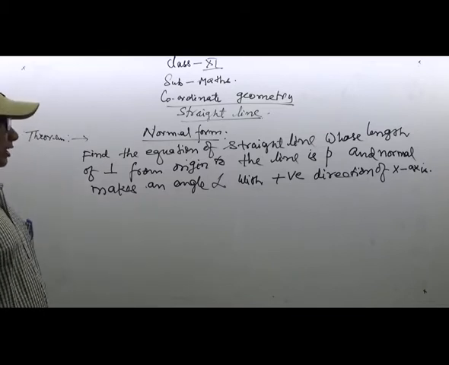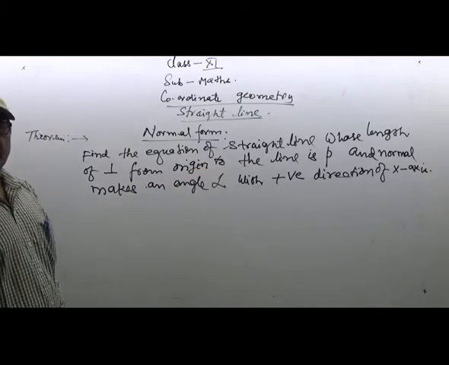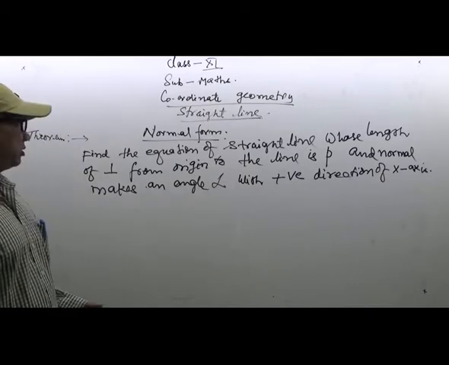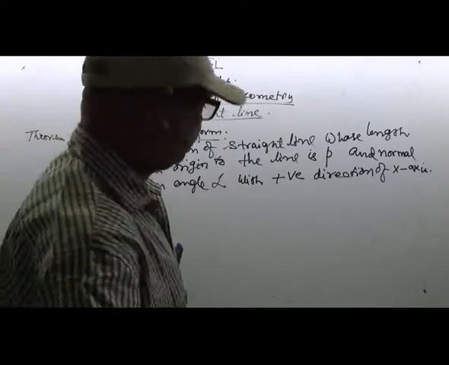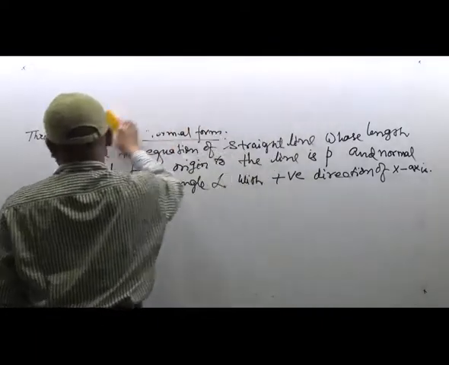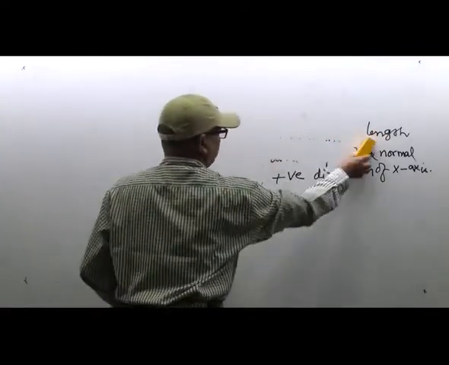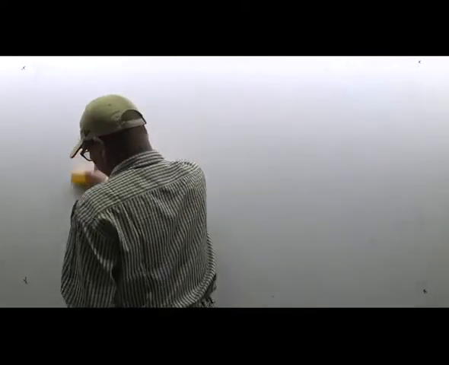Find the equation of the straight line whose length of perpendicular from origin to the line is small p, and normal makes an angle alpha with the positive direction of x-axis. This theorem is called normal form.